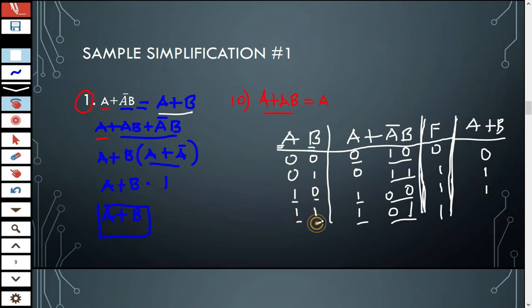And 1 plus 1, we get 1. So you can notice that we have same column values for F and for A plus B, which concludes that A plus B is the same as A plus not A times B.